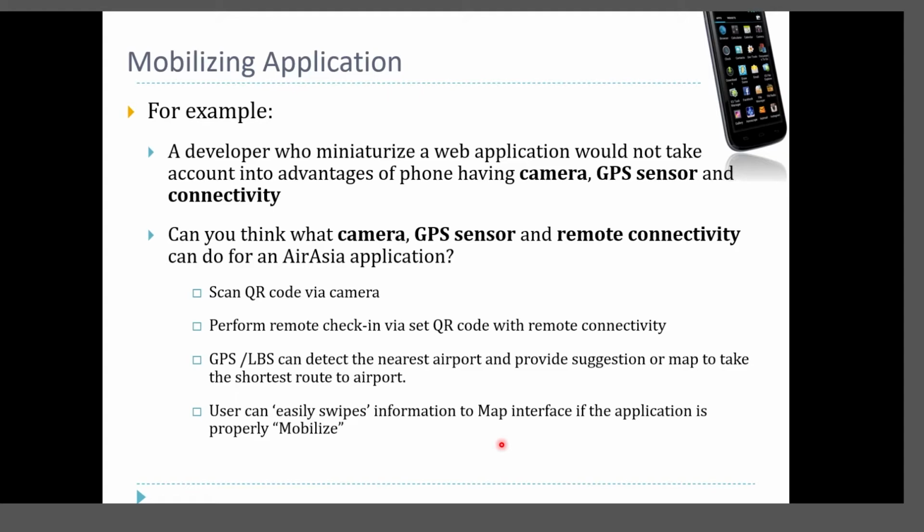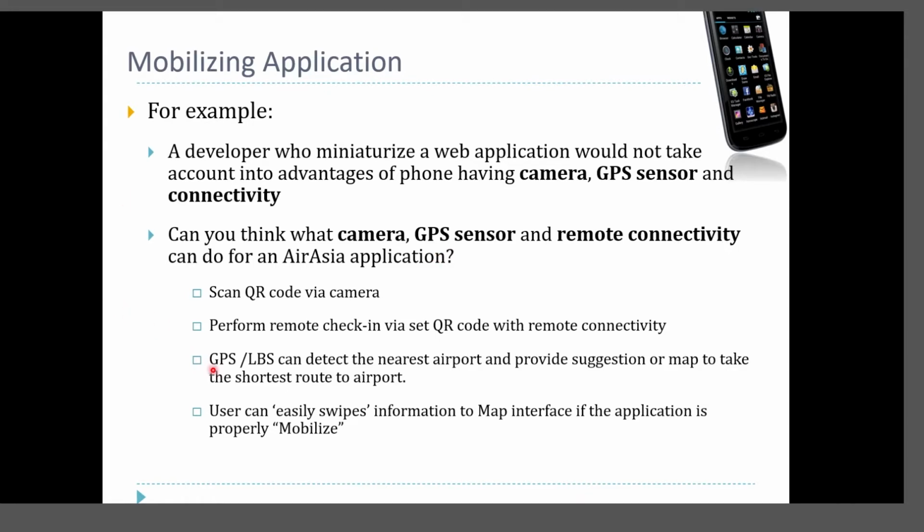So a developer who wishes to miniaturize a web application would not be able to take advantage of the phone having a camera, GPS sensor, and connectivity. Can you think what camera, GPS sensor, and remote connectivity can do for an AirAsia application?